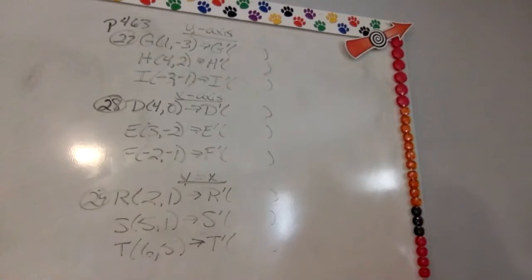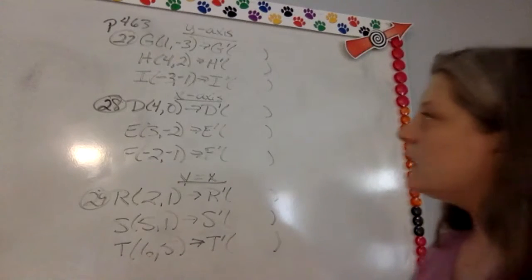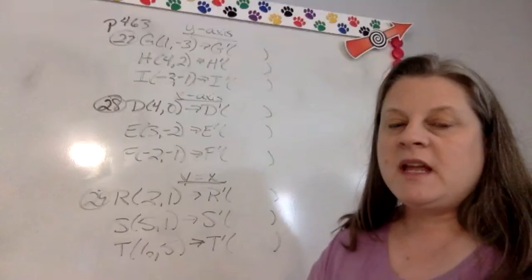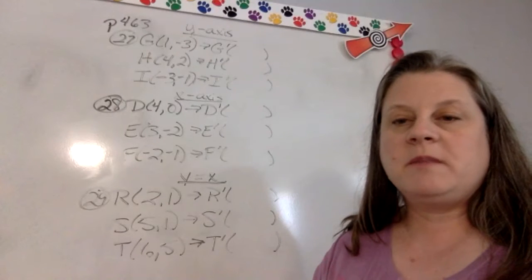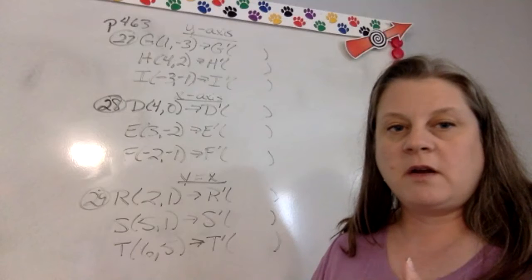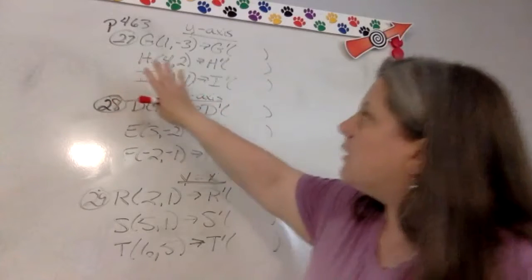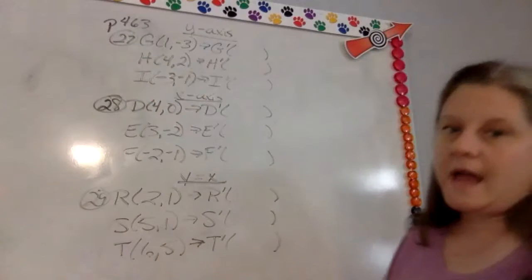Okay, so you had these points that were given to you on number 27, 28, and 29. And then it told you the figure was being reflected over a certain line. So in number 27, it said we were reflecting over the y-axis.